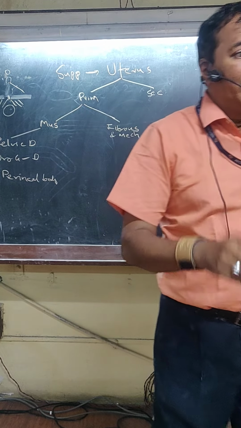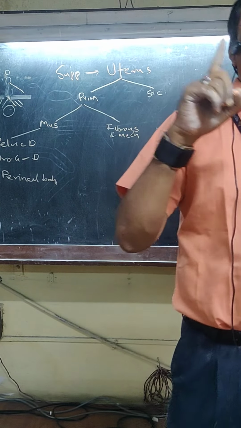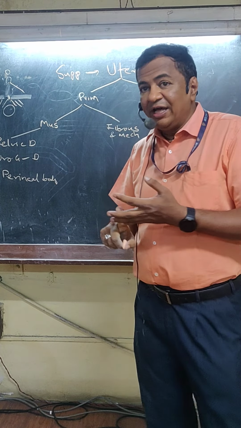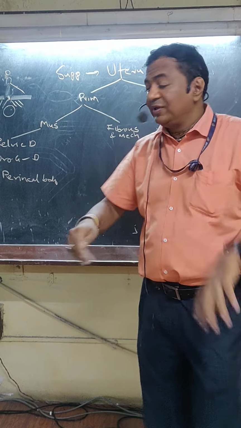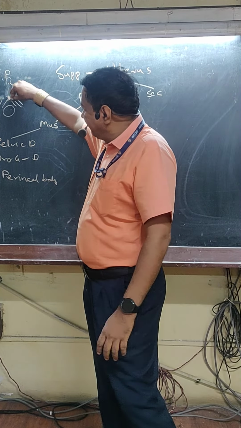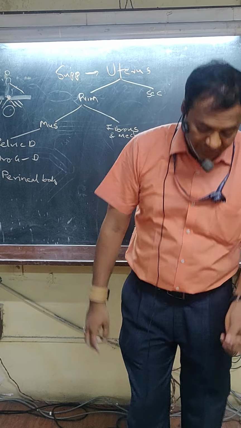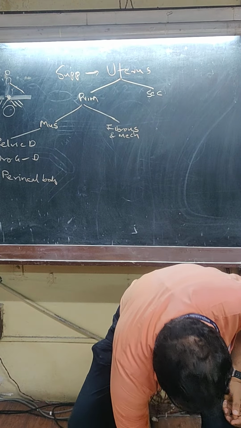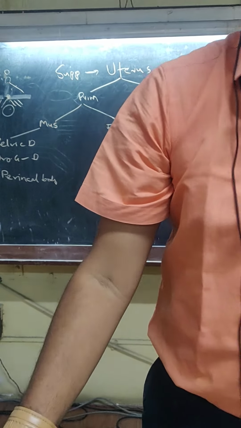So what is perineal body? It is a place where superficial transverse perineum, deep transverse perineum, the pelvic diaphragm, levator ani, urogenital diaphragm, all of them are there. Their fibers are interlaced. So this body holds 10 muscles together. Perineal body.